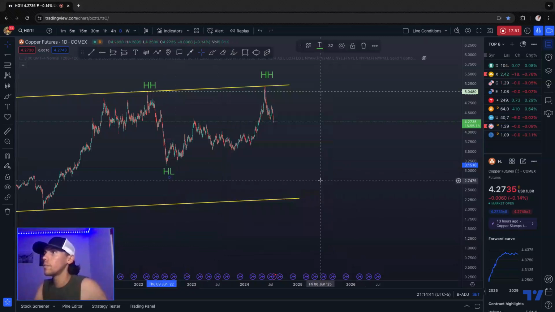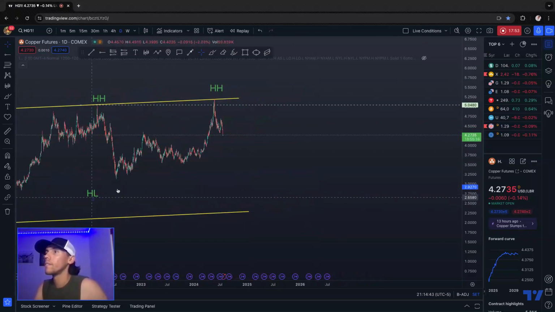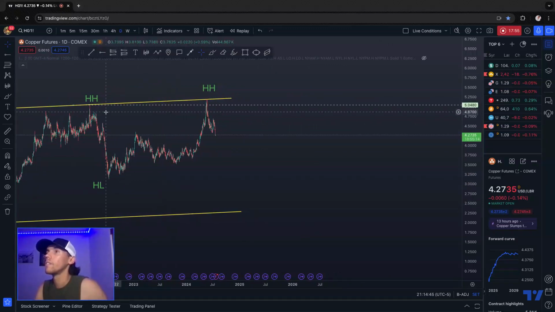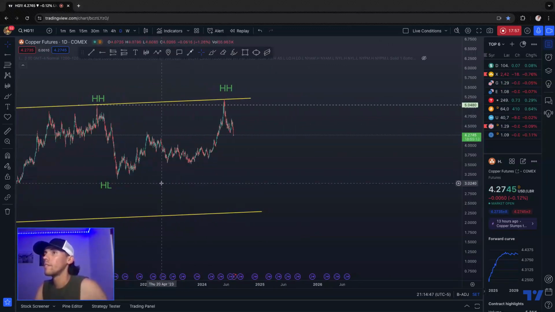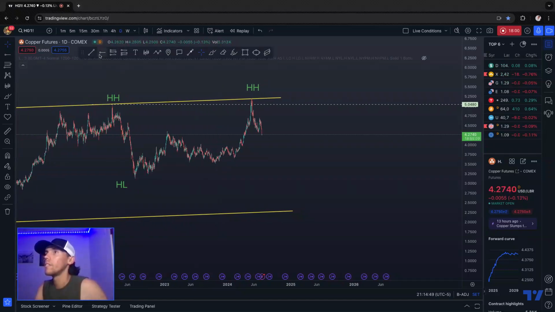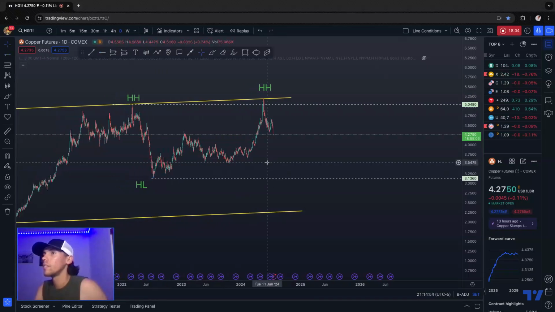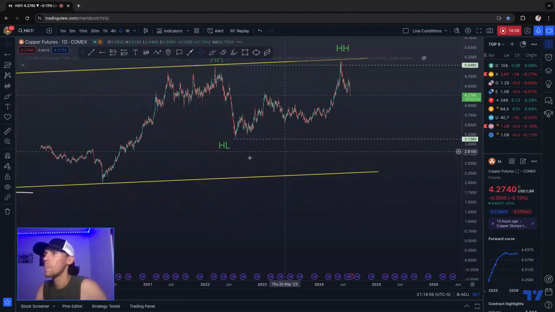Higher low. That's going to be my first target I would look at for short.